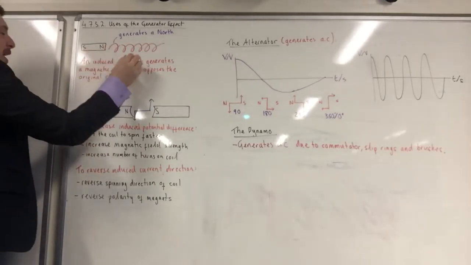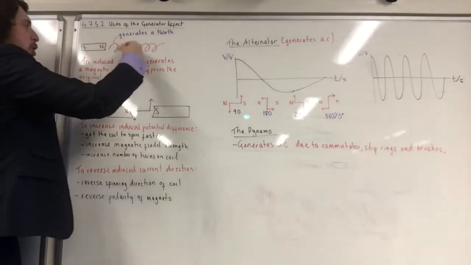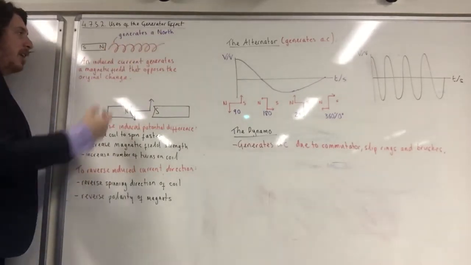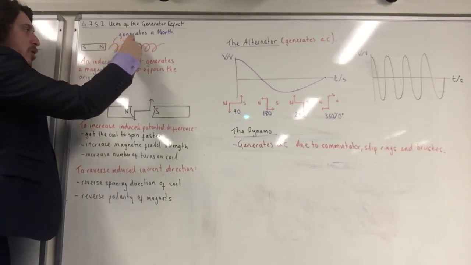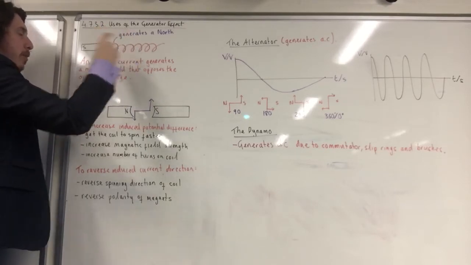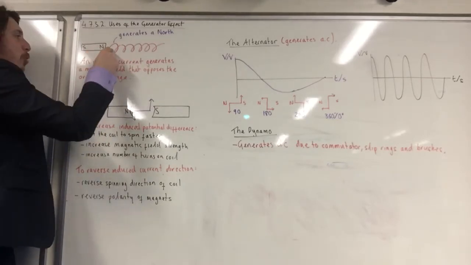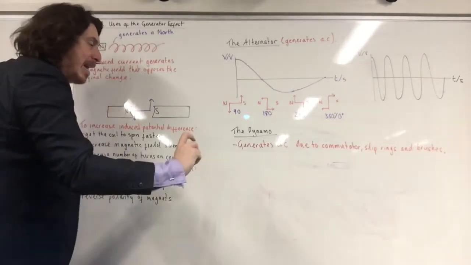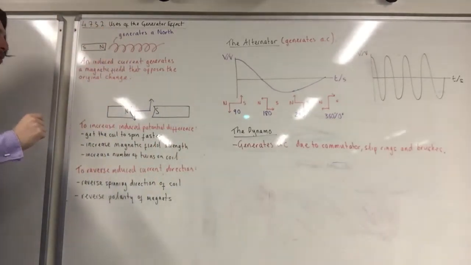So you move a magnet in, yes, it will induce a potential, yes, it will induce a current, it's part of a complete circuit, and therefore a magnetic field will be induced, but that magnetic field will always oppose the motion. So if we put a north pole in there, then that will turn into a north pole and slow it down. If we put a south pole in there, that will turn into a south as well.